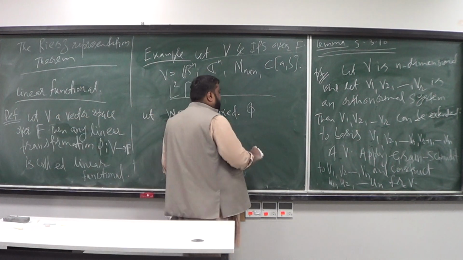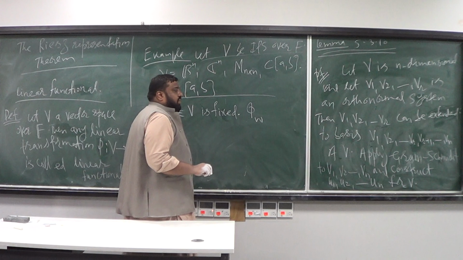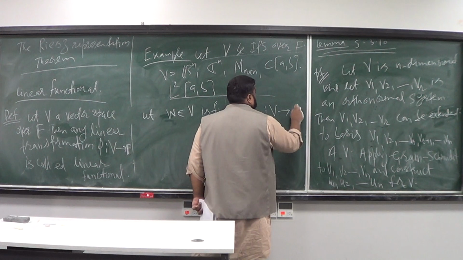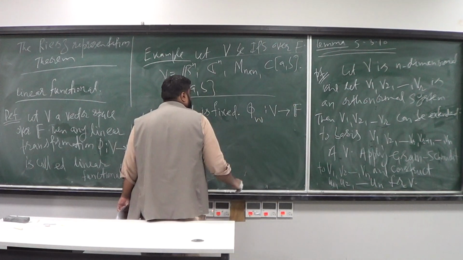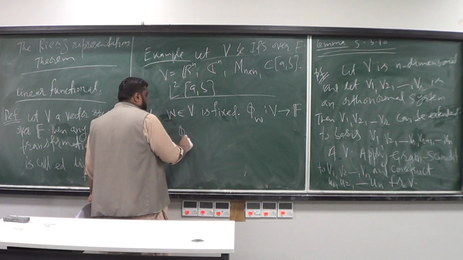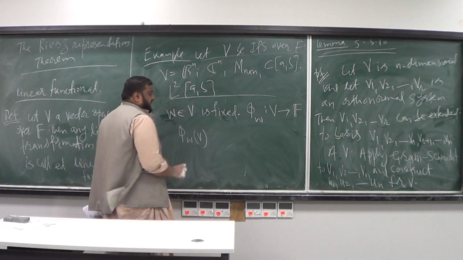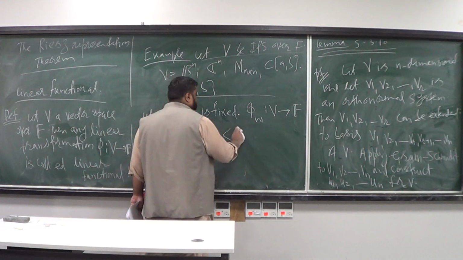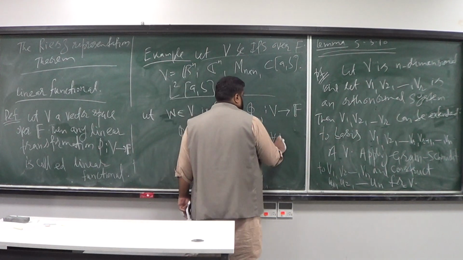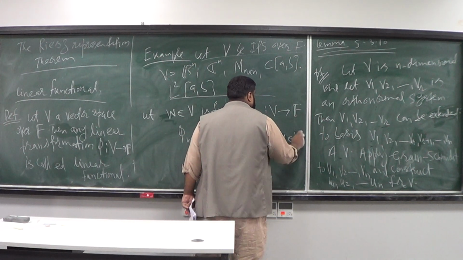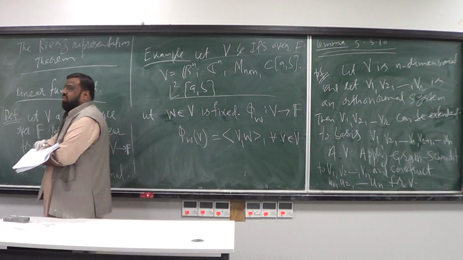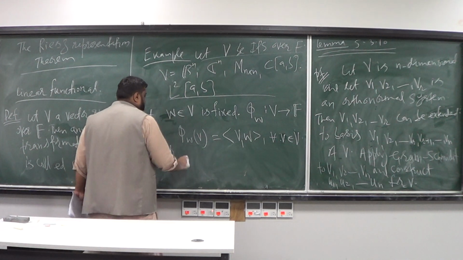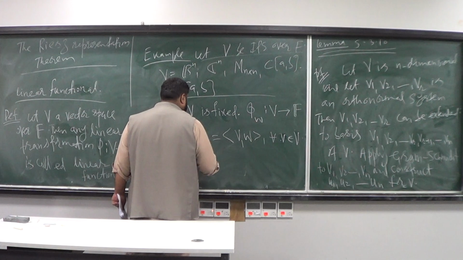Let's give this linear functional a name, phi w. So phi w is going to be a map from V into the field F, and the definition of phi w operated onto v is going to be: just compute the inner product of v with this fixed element w, for all v in V. Then this phi w is a linear functional.